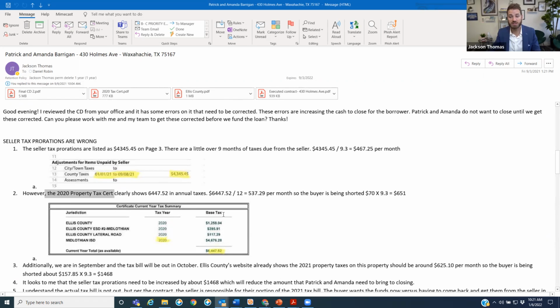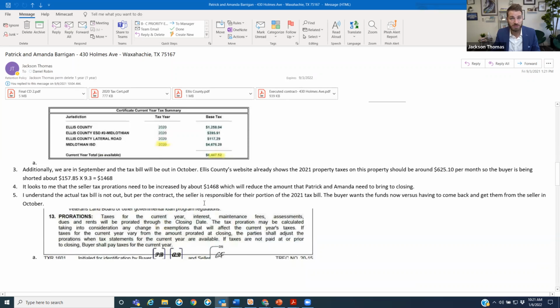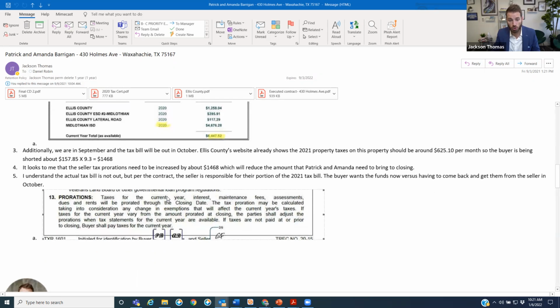So there was this disconnect, and the buyer was getting shorted about $651. Eventually it would get sorted out. This customer, I think, was closing in September. When the tax bill comes out, the buyer can go back to the seller and say, hey, you owe me that money per the contract. It says taxes for the current year will be prorated, not the prior year.